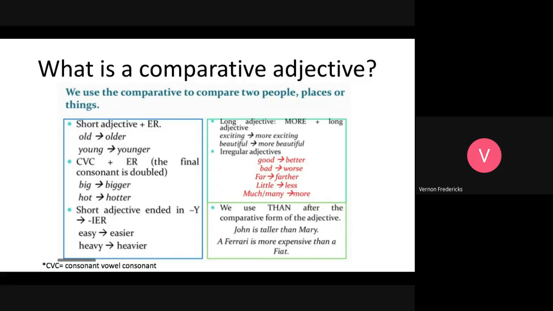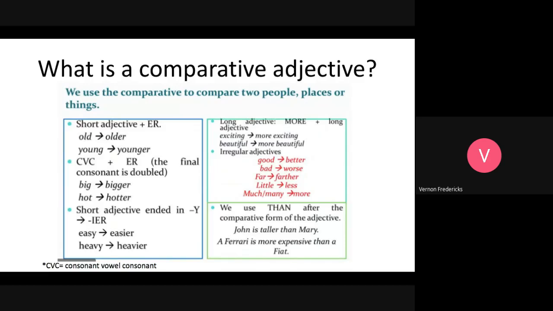There are some more here. Good, better. Bad, worse. Far, farther than. Little, less. Much or many becomes more.